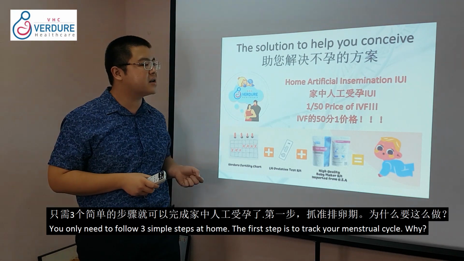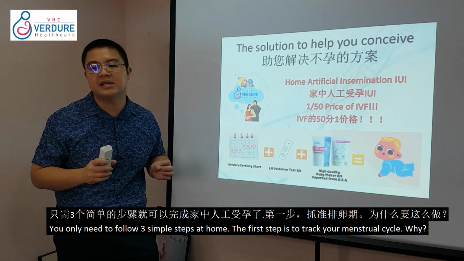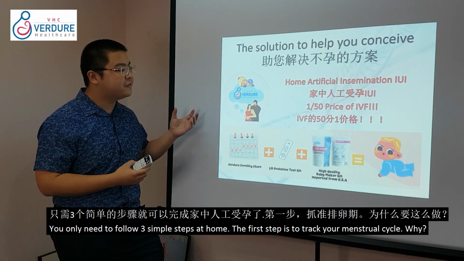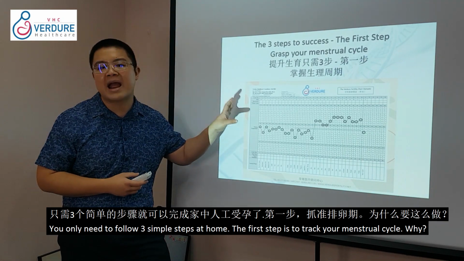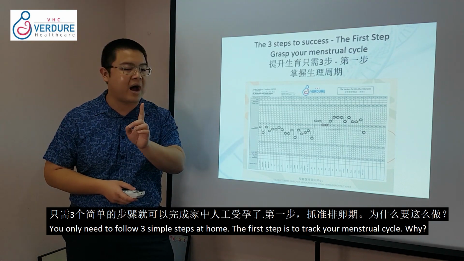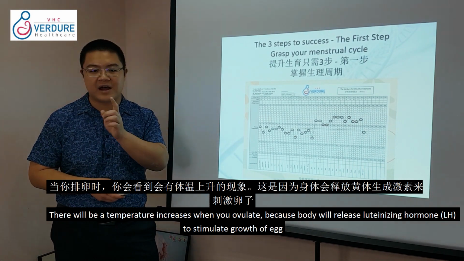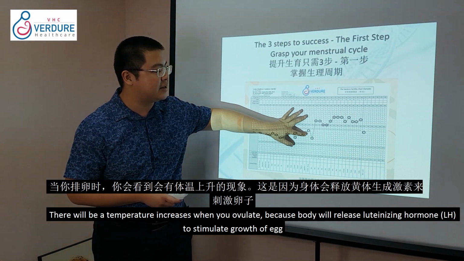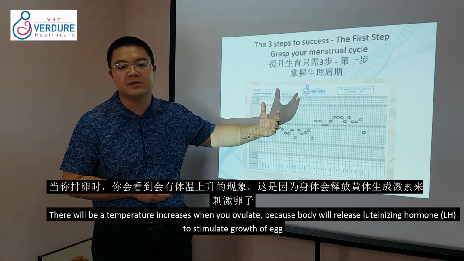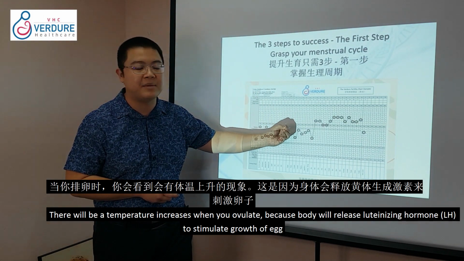So, with the hormone artificial insemination IUI, you just need to follow 3 simple steps. The first step is to track your menstrual cycle. Why? Because when ladies ovulate, it happens during a certain time in a month.